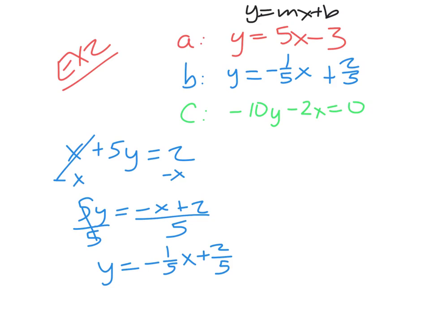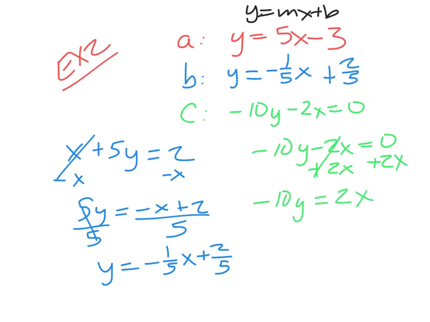All right, so now let's look at C real quick. We have negative 10y minus 2x equals 0. So I'm going to add the 2x. I get negative 10y equals 2x. Divide by negative 10. So I get y equals, what's reduced to 10? I get what?